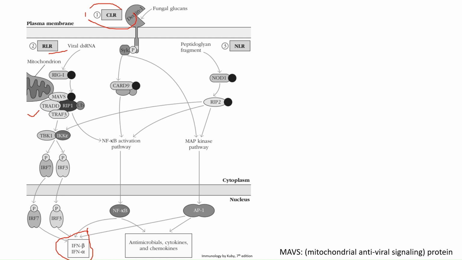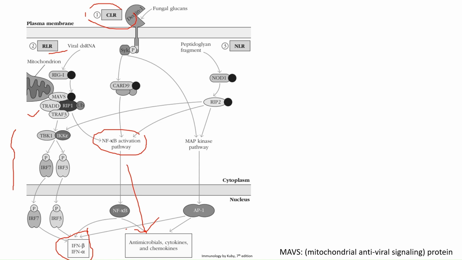Also, from this TRAF3, it activates nuclear factor kappa B. And from there also, it helps in the expression of antimicrobial cytokines and chemokines. I'm not going deep again into the signaling pathways, because in the immunology playlist you will get the details about the molecules found in the signaling pathway and what specific role they play.